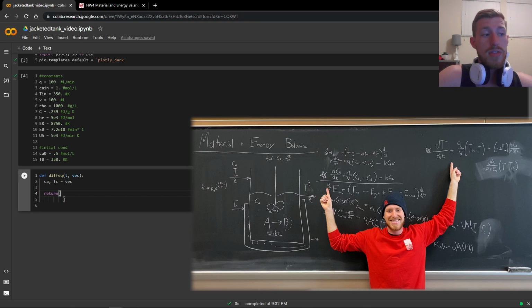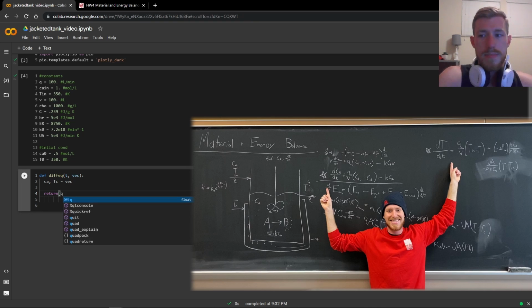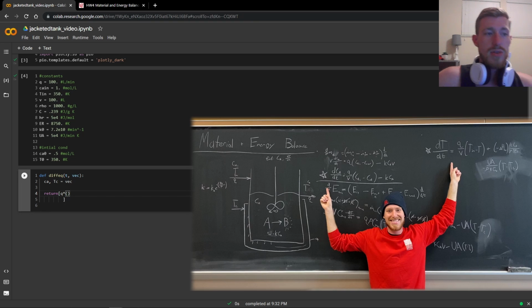So looking at the equation that's starred right there, the left-hand side is dCA over dt, the change in concentration of A over time, and that's going to be equal to Q times, and then we're going to divide by V at the end, parentheses, CAN minus CA. Oh, that's really low res, and I can't read what I wrote.